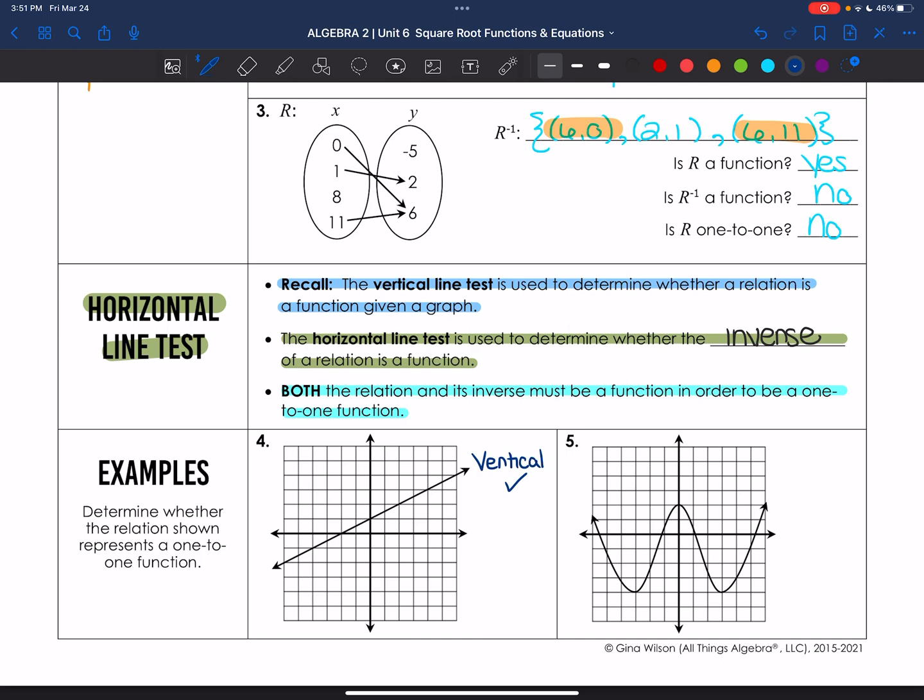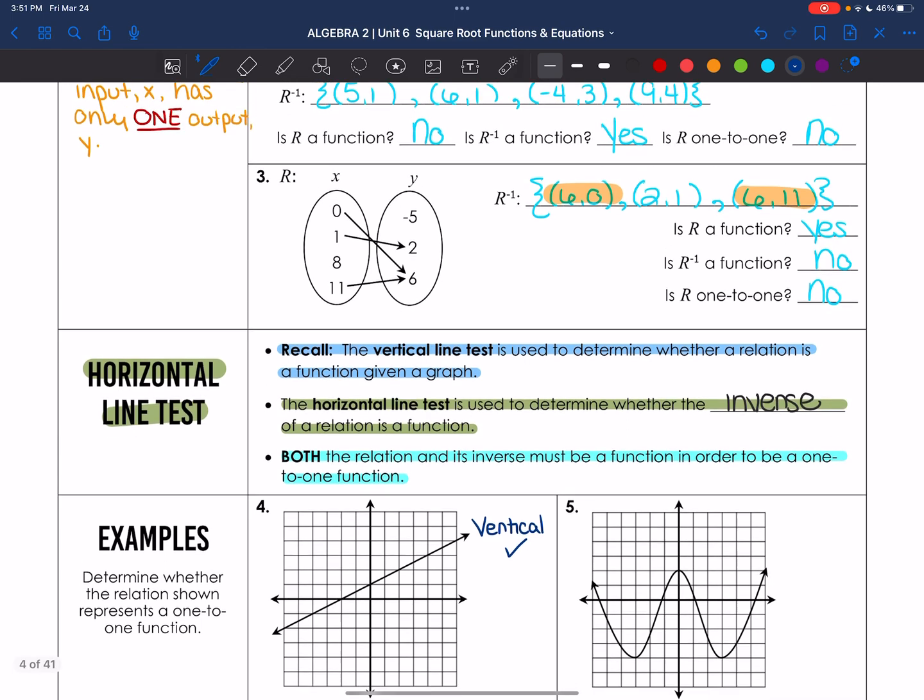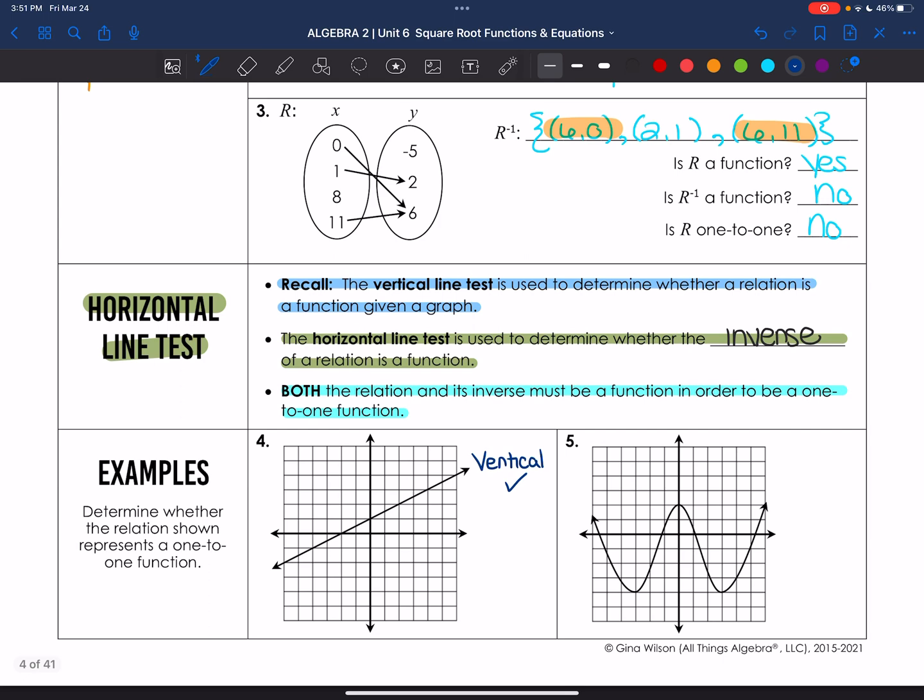Because it only touches once, it passes that vertical line test. And the original is, in fact, a function. So we can say that this R is a function. Now let's use our horizontal line test. Now we'll run our horizontal line across this and see, how many points on that graph am I touching at a time?